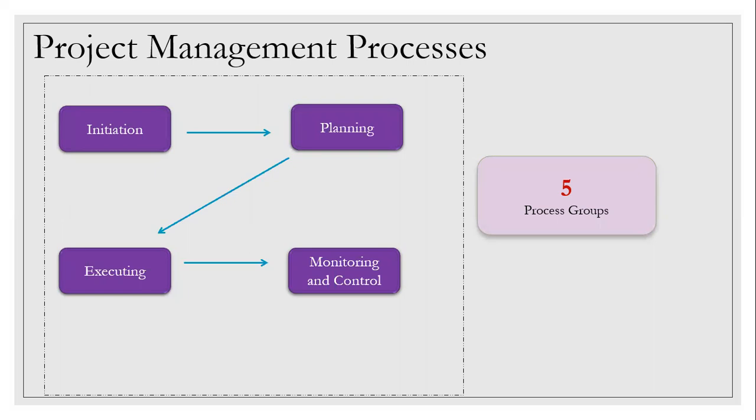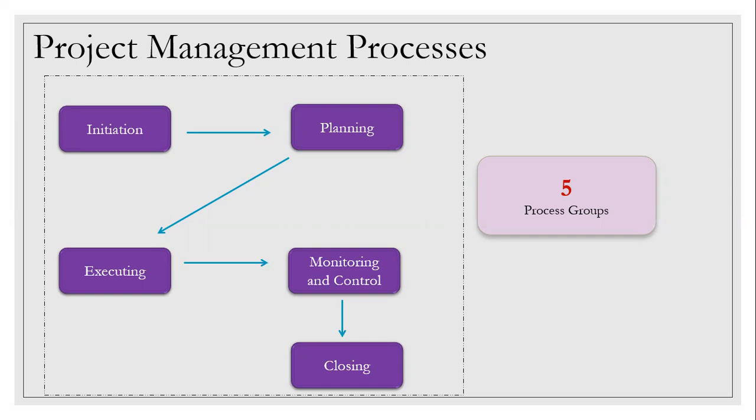It's not like only after executing you will start monitoring and control. It's a two-way kind of handshake. I will show it to you right now. But prior to that, after monitoring and control, we get into closing. So we close the project, where we get into delivery of the project, and also the lessons learned and so on, right?